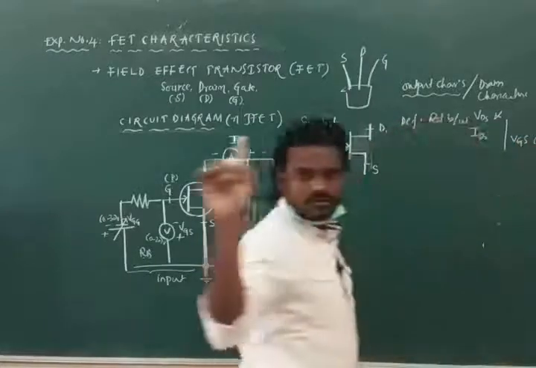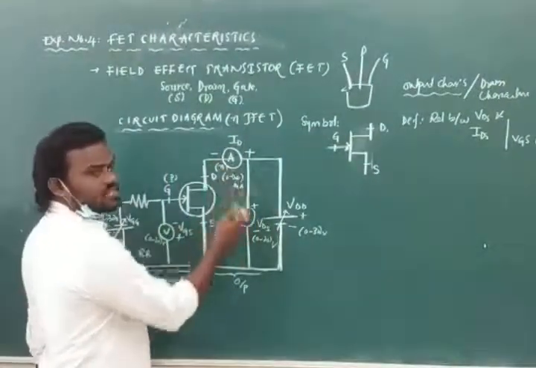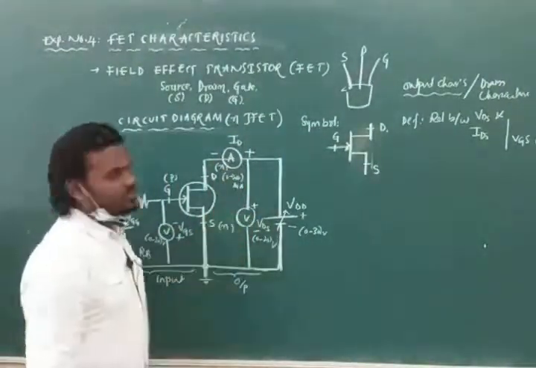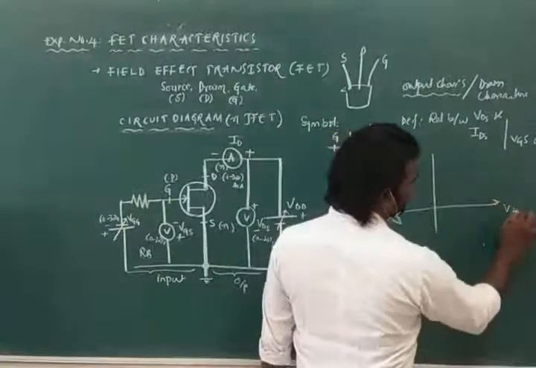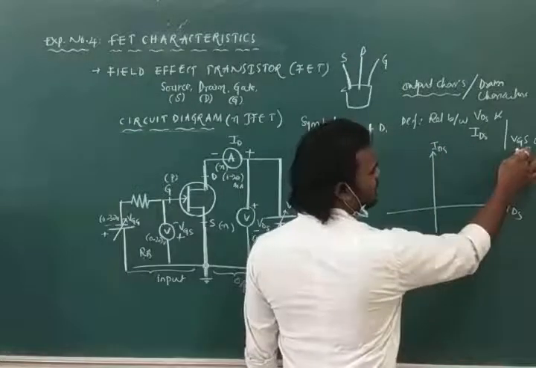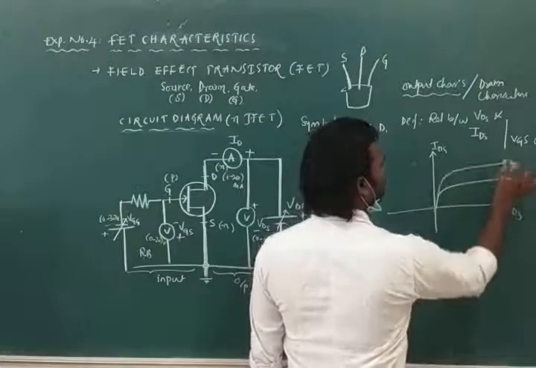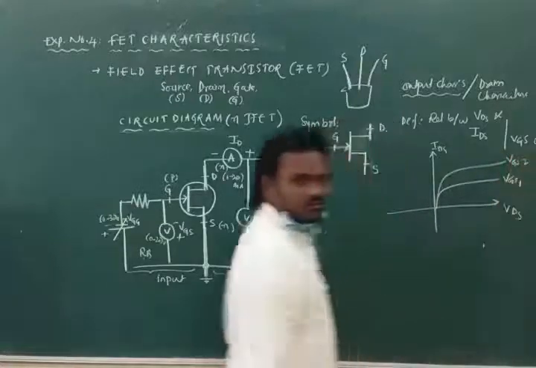Clear? By keeping VGS constant, we have to take the readings of these two meters. After that we have to plot the graph. The graph is this is VDS, this is IDS. Which one is constant? VGS is constant. You will get the graph like this, for VGS1 and VGS2.